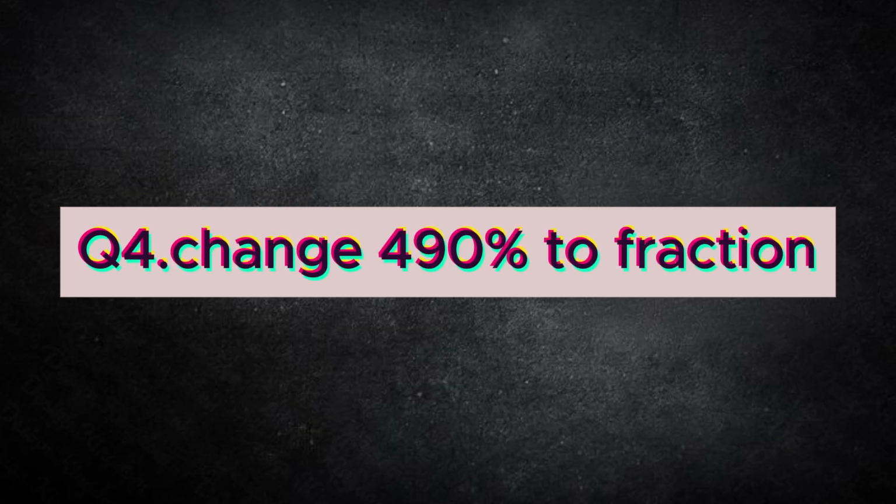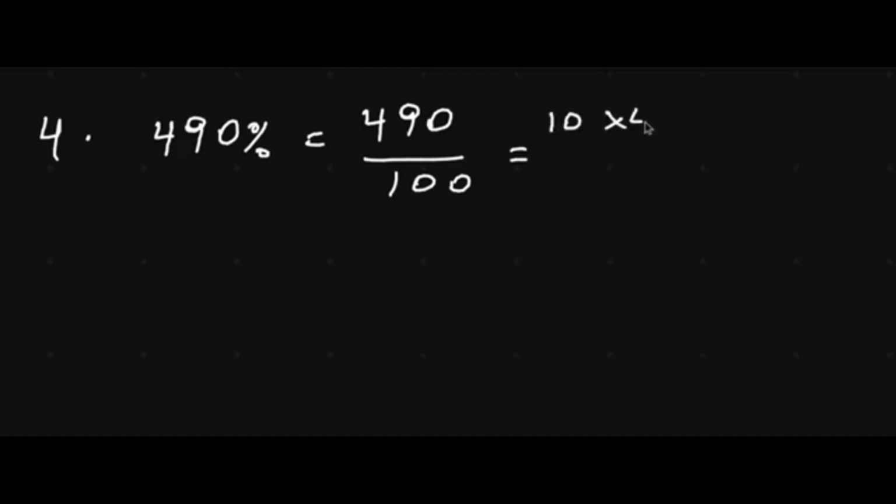Example 4, we have 490%. 490% is the same as 490 over 100. The greatest common factor between 490 and 100 is again 10. So 490 means 10 multiplied by 49, and 100 is 10 multiplied by 10. So we can simplify by 10 here and by 10 here.